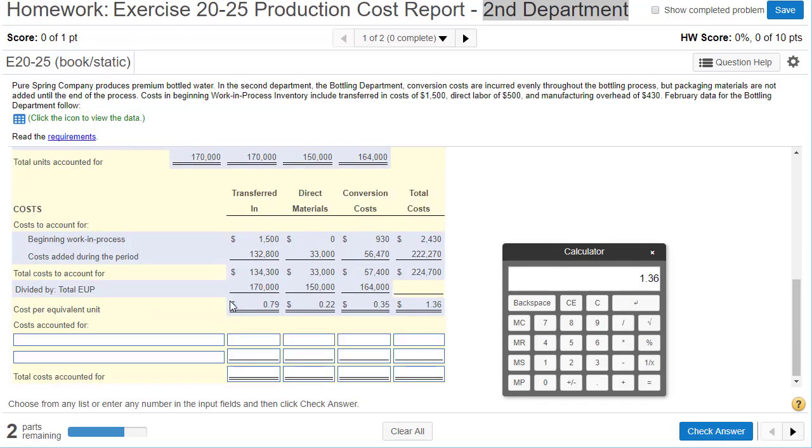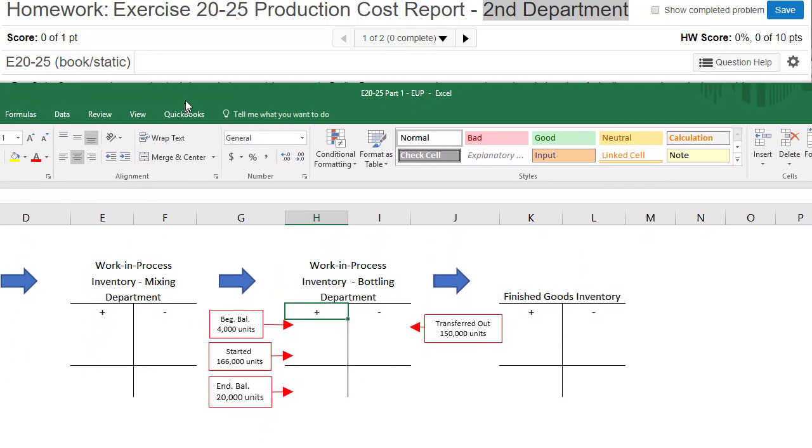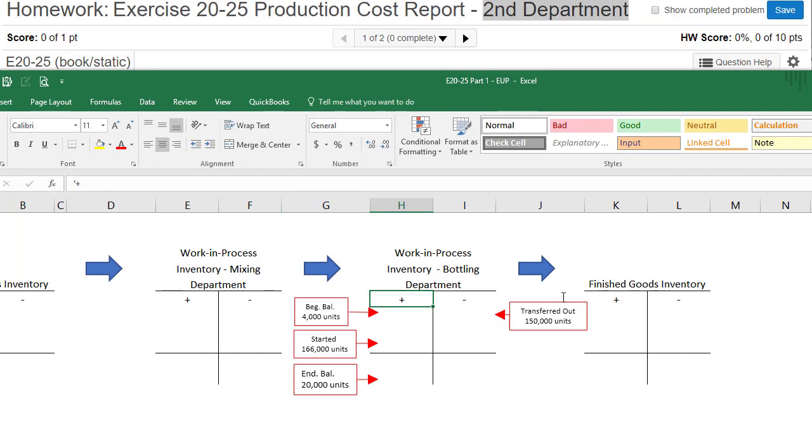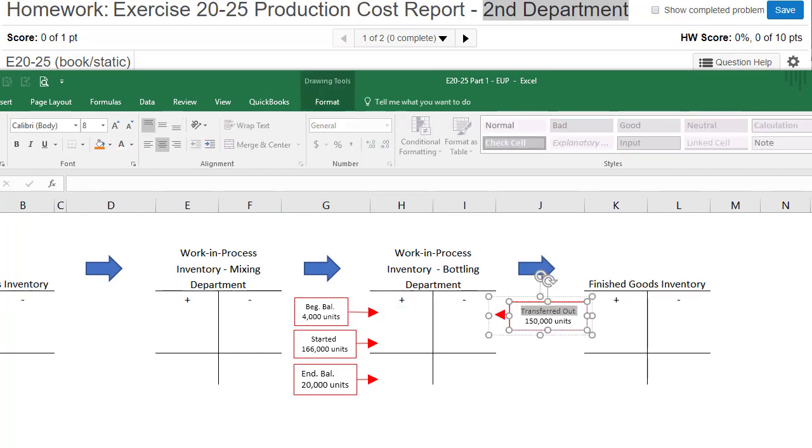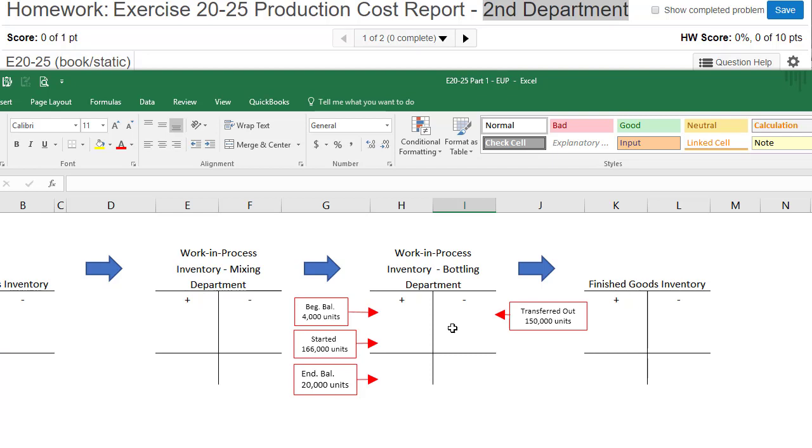All right, and now we are on the costs accounted for. So remember, costs accounted for are the units completed and transferred out and the ending balance of units. Remember the ending balance, these units that are in the bottling department at the end of the period, are there because they are incomplete.